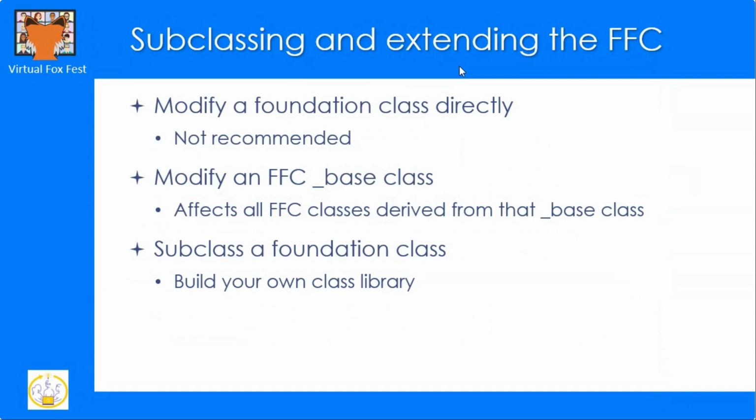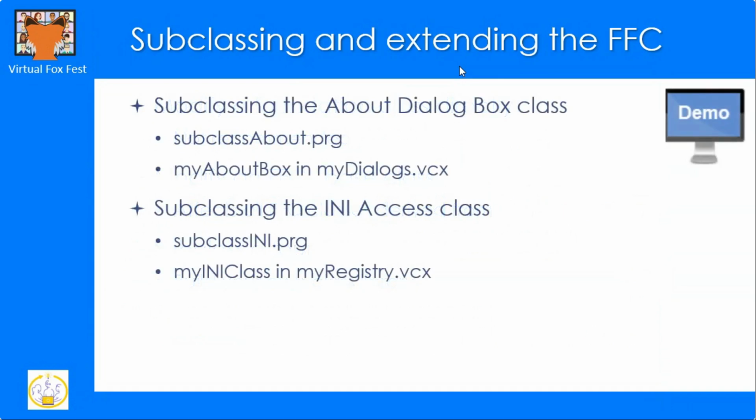A couple of different ways to show that. I'm going to show you two just because they seem to work well. One of them is the About dialog, and what I'm simply doing there is taking all of the enhancements that I made along the way in the demonstration that we saw earlier and storing them in a class of my own.